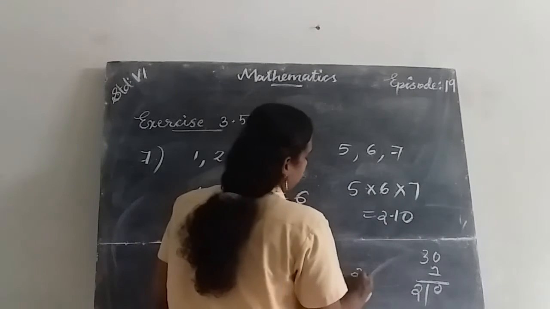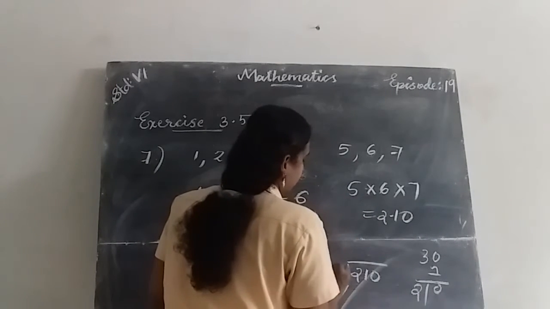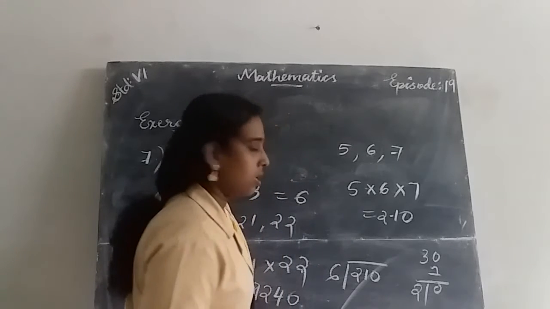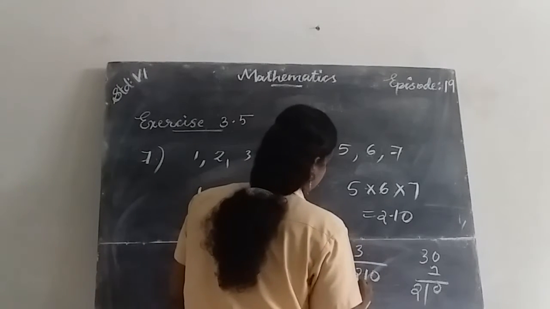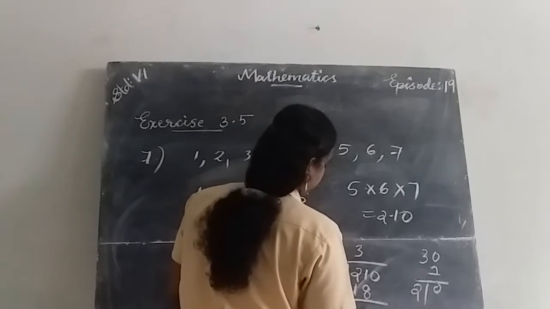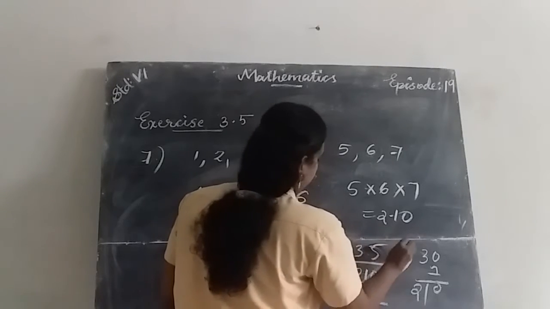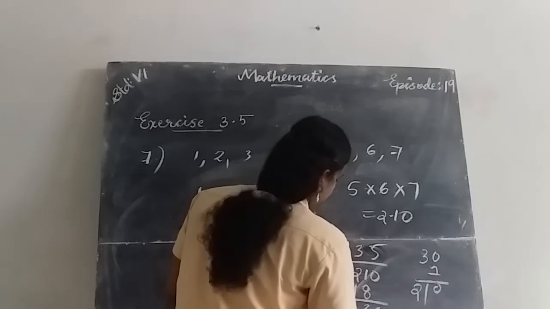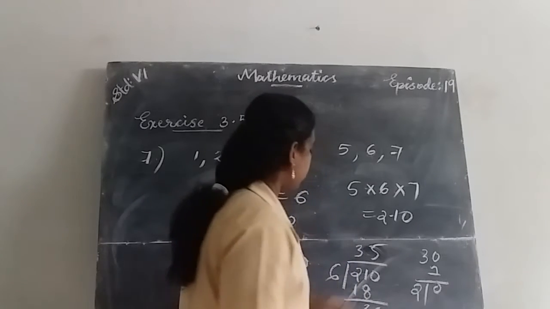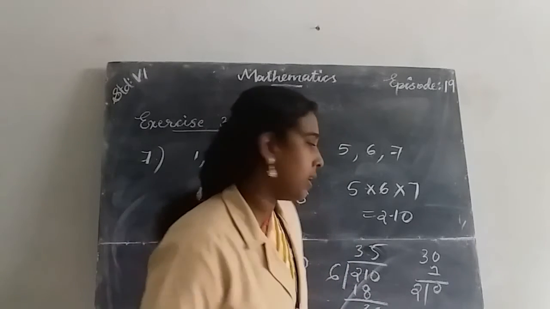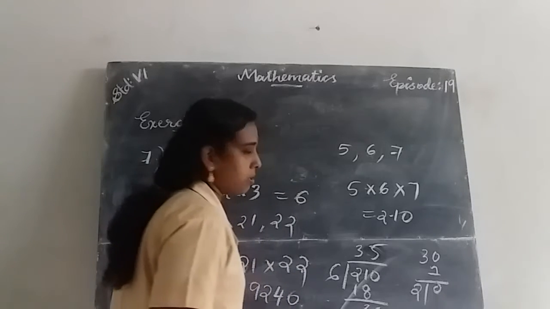We get 210. So 210 divided by 6 we get 35. We get the remainder 0, so we can say that the number is divisible by 6.